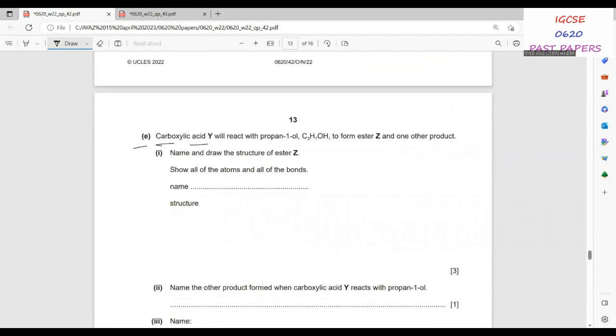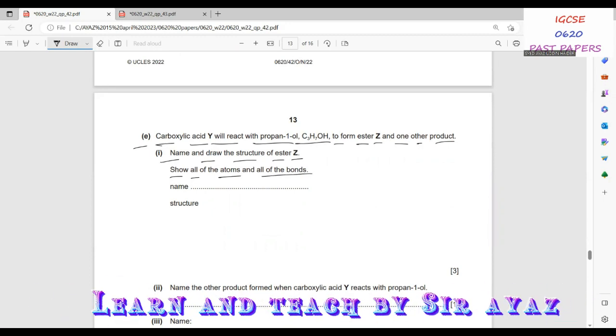E, carboxylic acid Y will react with propan-1-ol, C3H7OH, to form ester Z and 1 other product. Name and draw the structure of ester Z. Show all of the atoms and all of the bonds. The alkyl group will come from the alcohol, and here the alcohol is propan-1-ol, so you write propyl.